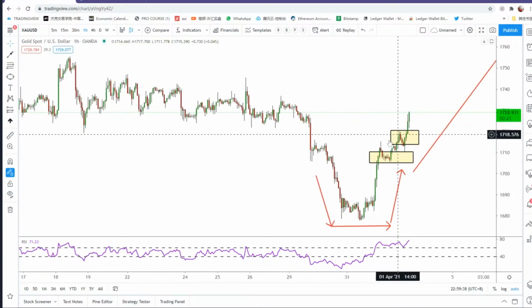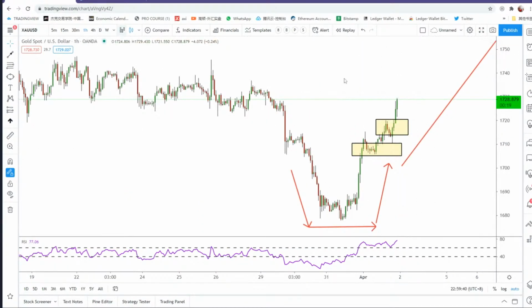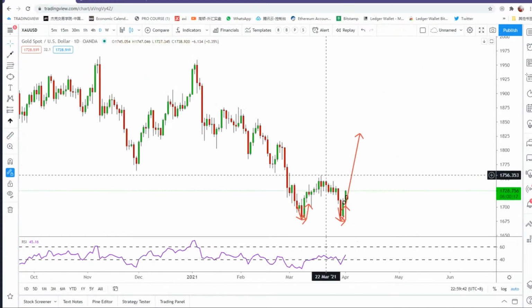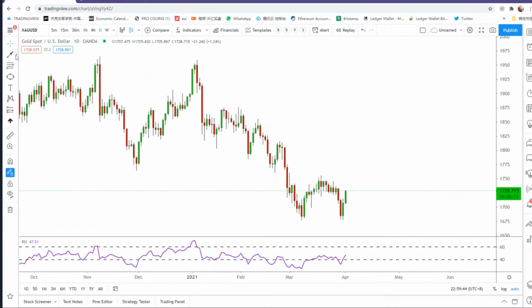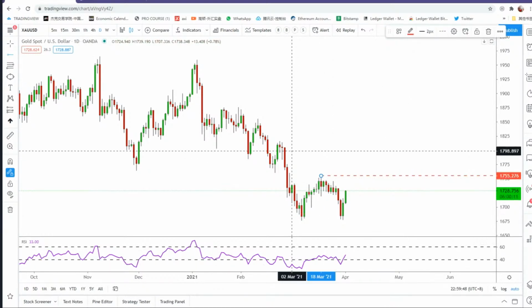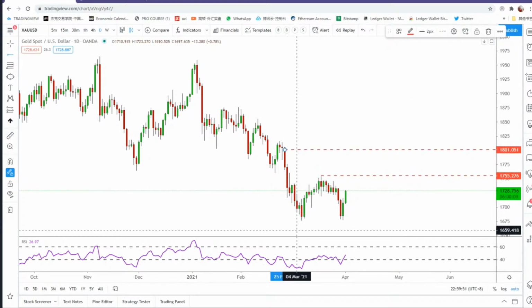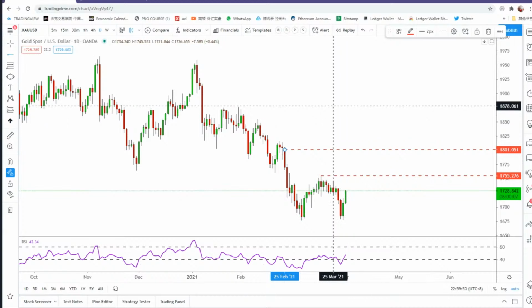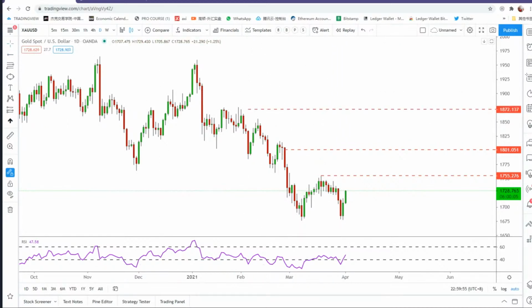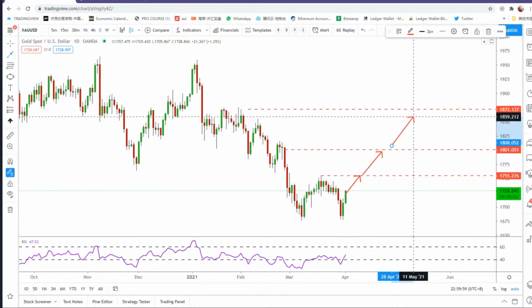The gold, very nice. Gold going up. So I think the next target will be 1754. So hold your longs to 1754, and then to 1800, and then to 1874. These will be the three targets for the gold's long position. Go for these three targets.